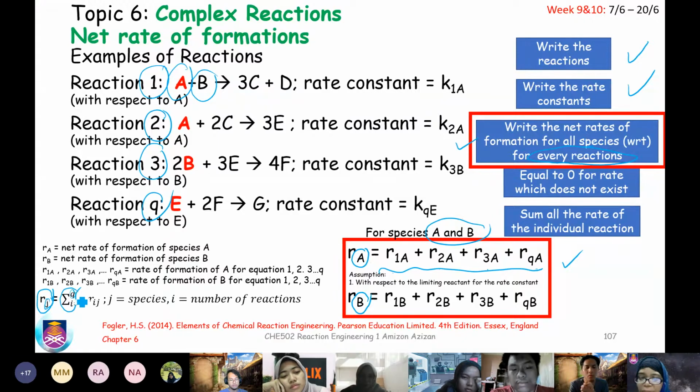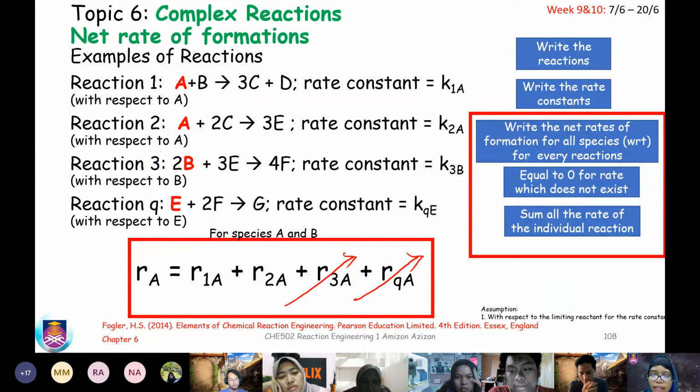Q here is the number of reactions. Okay, so let us start with the first example that we wrote for species A, but we're going to check whether they are present or not.